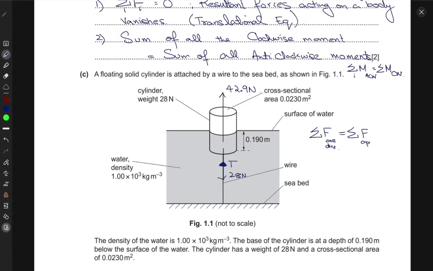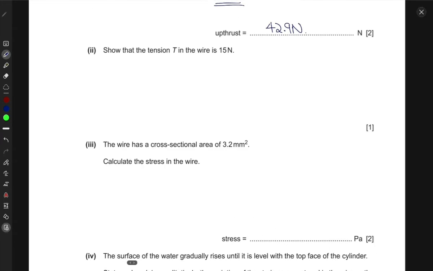Which means that I can rewrite this as an equation: the two forces that are acting in the same direction are tension and the upthrust. So this gives me tension plus upthrust, which should be equal to the opposite direction force, which is the weight, W. So this is the equation that I just made. And now we'll use this equation to figure out the tension in the string on the next page.